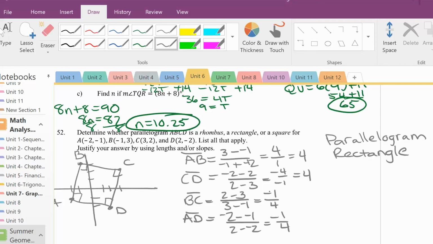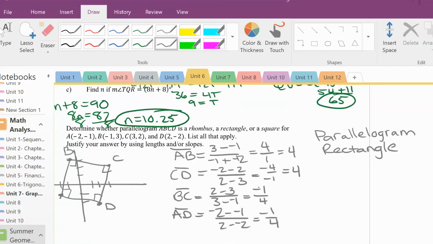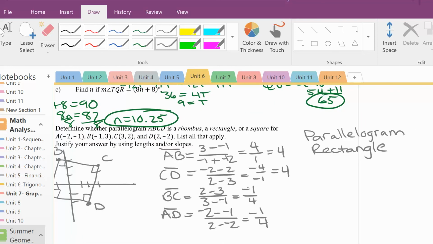So now to determine if it's a rhombus, we find if the diagonals are perpendicular. So we got to find the slopes of the diagonals. So to find the slopes of the diagonals, like BD, we go -2 minus 3 over 2 minus -1.